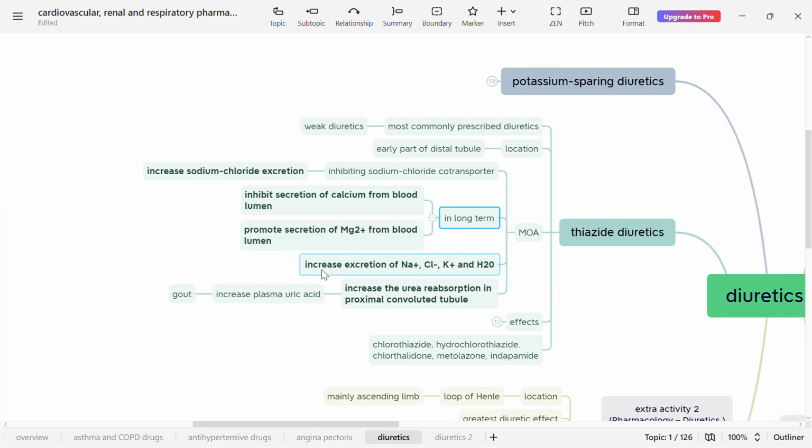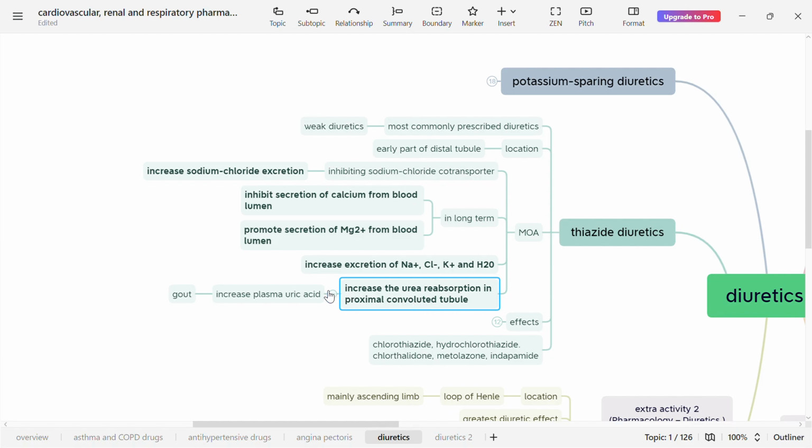And the mechanism of action of thiazide diuretics also increases excretion of ions and water. Ions include the sodium ion, chloride ion, and potassium ion. So it increases the excretions and also increases the urate reabsorption in the proximal convoluted tubules.